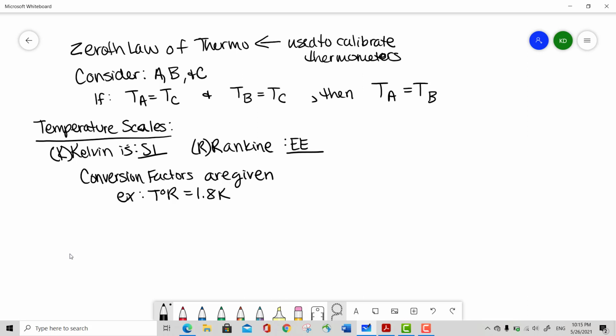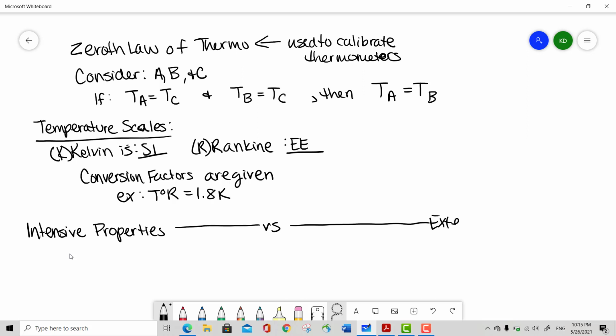Those are all given. A few definitions that I want you guys to know are intensive properties versus extensive properties.